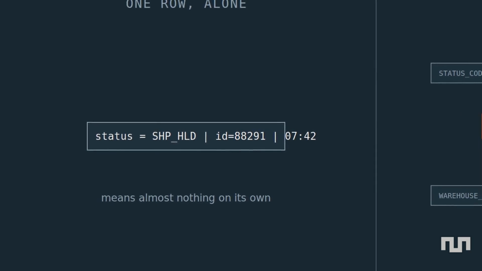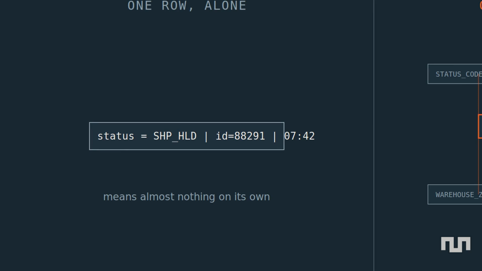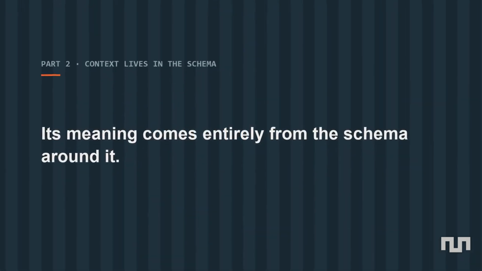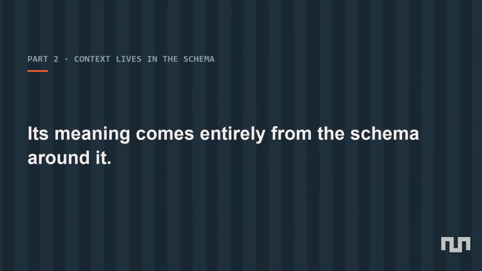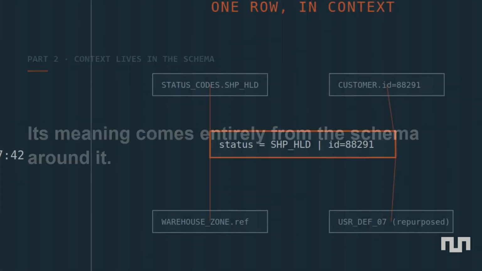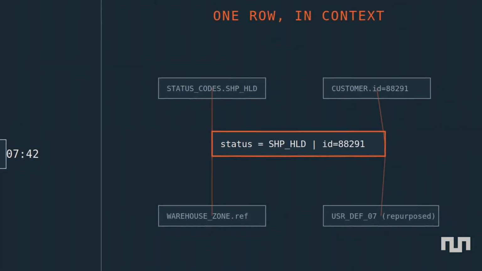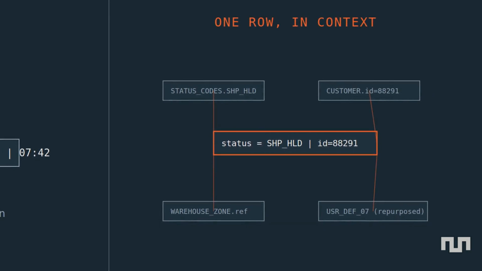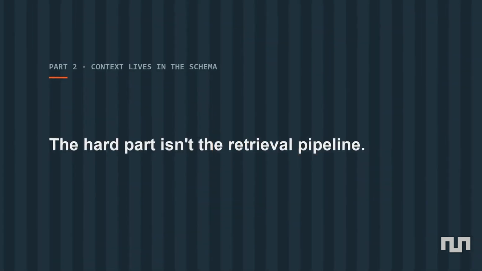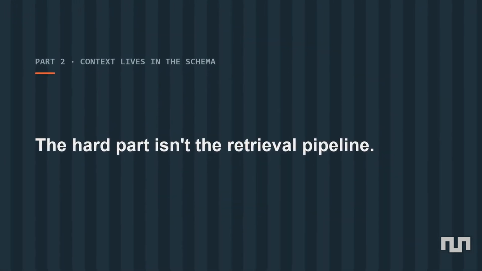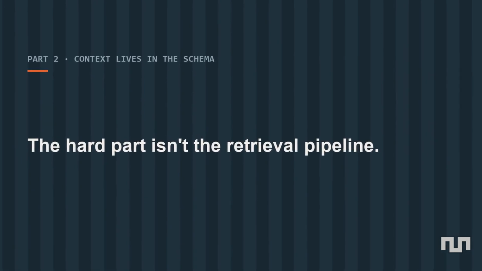You now need to encode the business meaning of every status code, every user-defined field, every table relationship, by hand or close to it. That knowledge often exists nowhere, except in the heads of the people who've supported the system for years. The hard part of enterprise RAG isn't the retrieval pipeline. It's the documentation project you didn't know you'd signed up for.